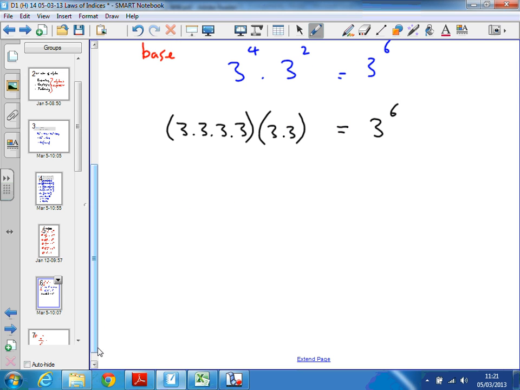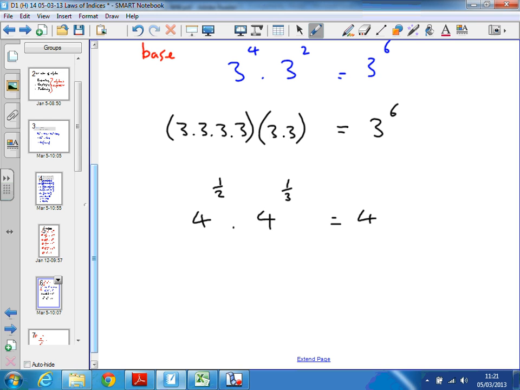What about this? 4 to the power a half multiplied by 4 to the power a third. Using the laws of indices, what's the answer? What's a half plus a third? What have we got to do to be able to do that? Change that, right. What would a common denominator be?